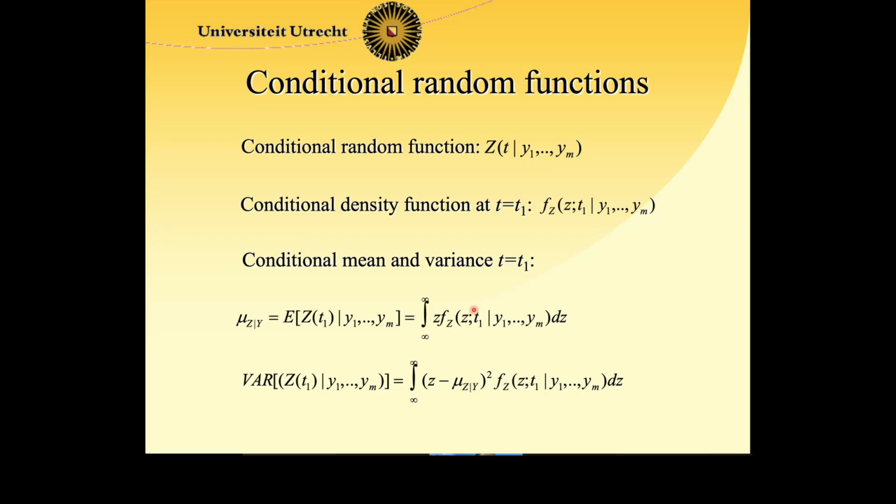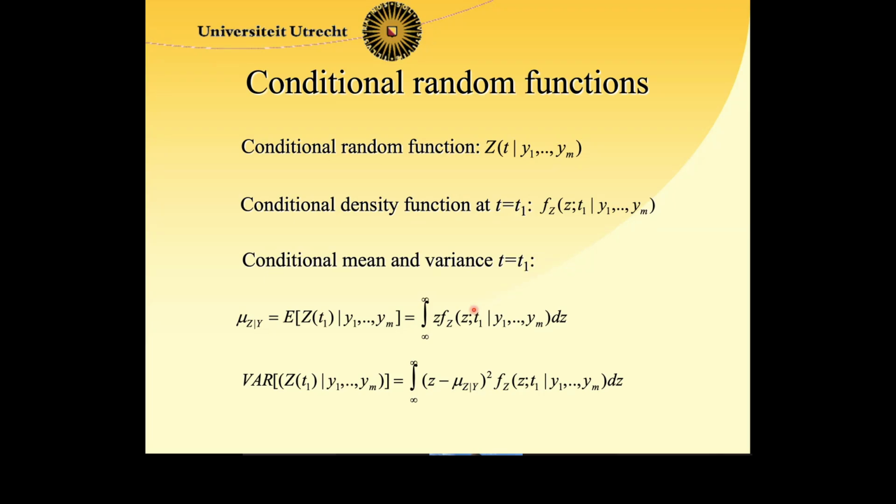Now, any set of methods like forecasting in time series analysis, updating a state in Kalman filtering, or Kriging interpolation, I already said that these are special cases of applying Bayes' rule, and Bayes' rule is actually one way of conditioning random functions.